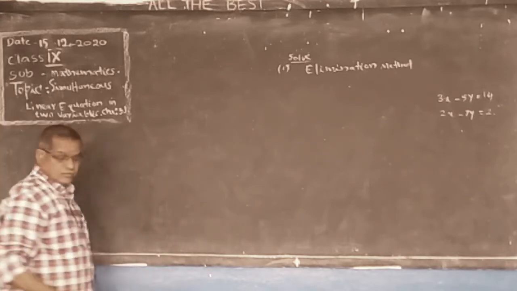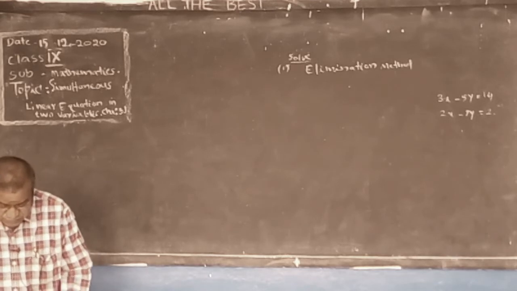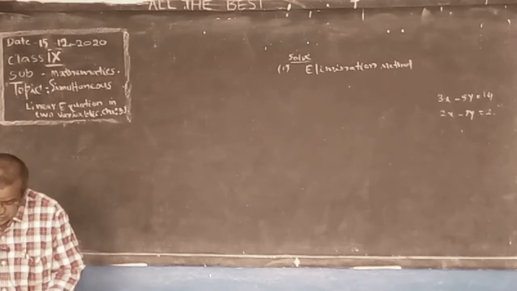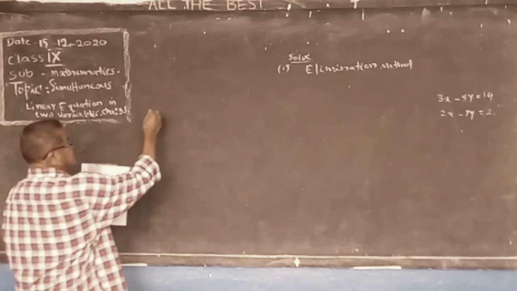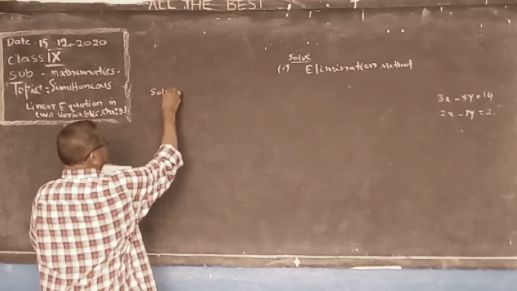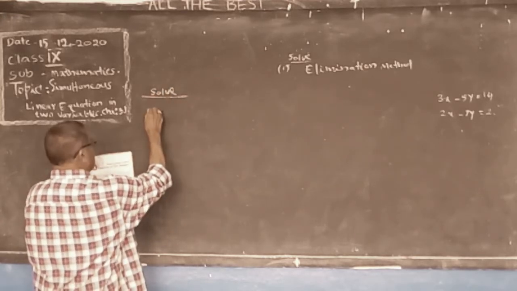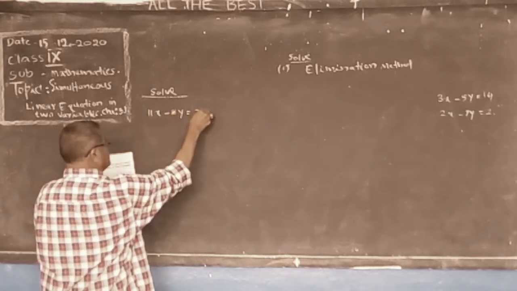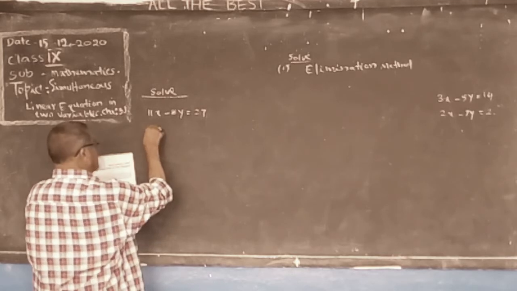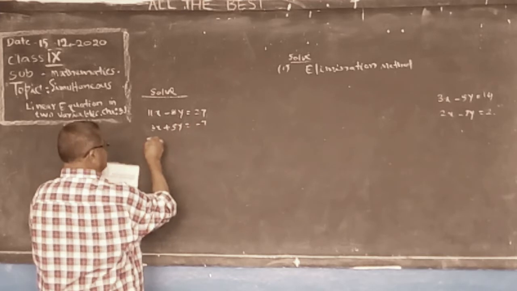Now, first problem. Example: solve 11x minus 8y is equal to 27, 3x plus 5y is equal to minus 7.